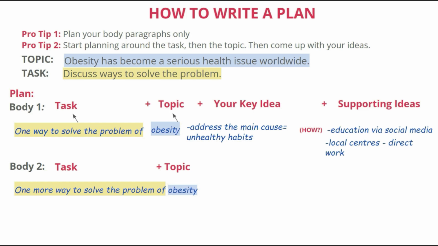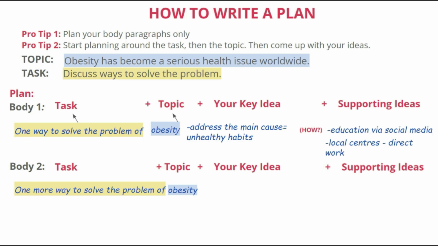By the way, when I start actually writing my paragraph, I'll paraphrase the words solve and obesity to avoid repetition, but for the purposes of planning, I'm not doing that just yet. So the core of this paragraph is another way to solve the problem of obesity. Now I need to think about my key idea and my supporting ideas.